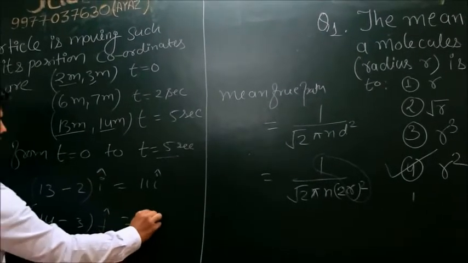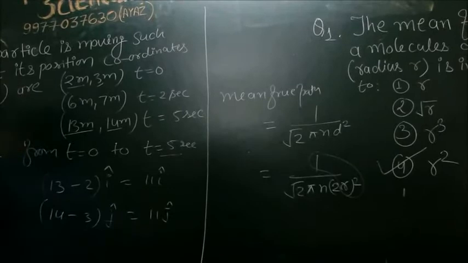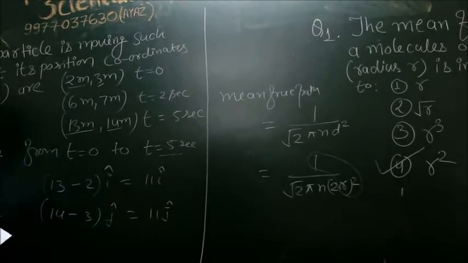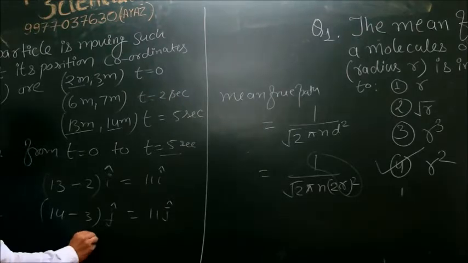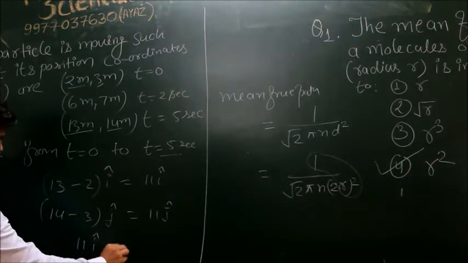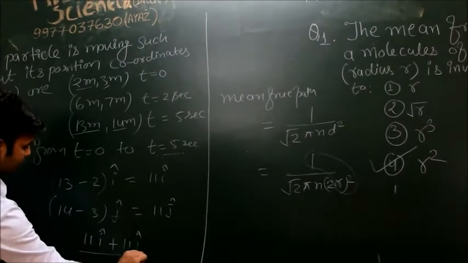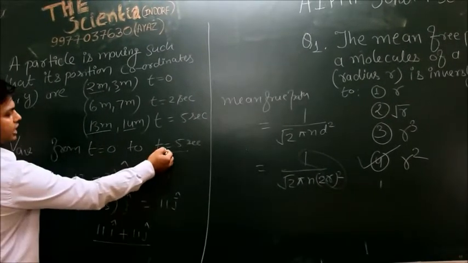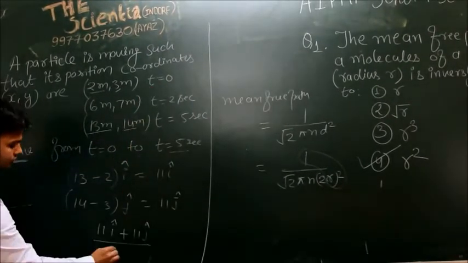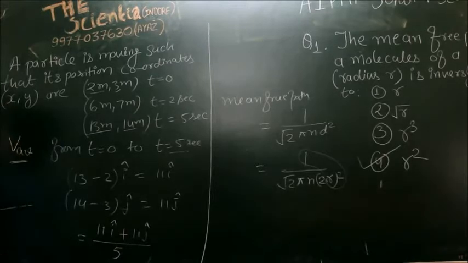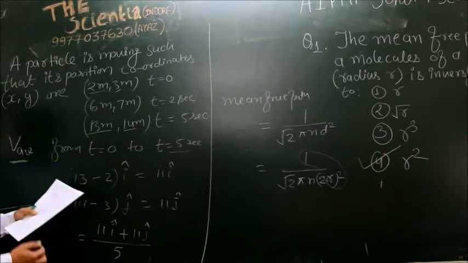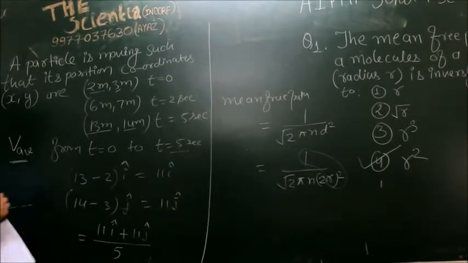So the total displacement is 11 i cap plus 11 j cap, divided by total time, which is 5 seconds minus 0, that means 5. So average velocity is 11 i cap plus 11 j cap. So option number 2 is correct.